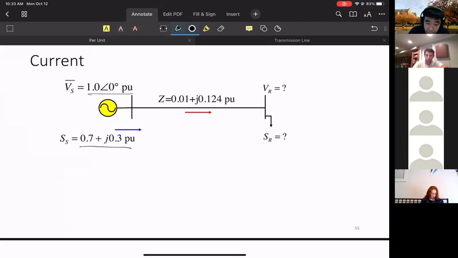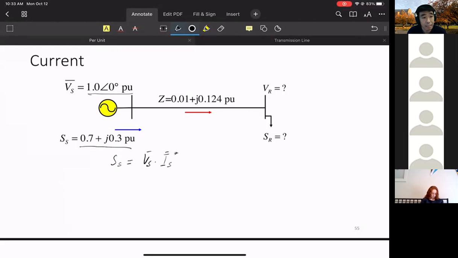The way we do the current calculation is we use this equation again. The power we send is equal to the voltage phasor times the complex conjugate of the current phasor.